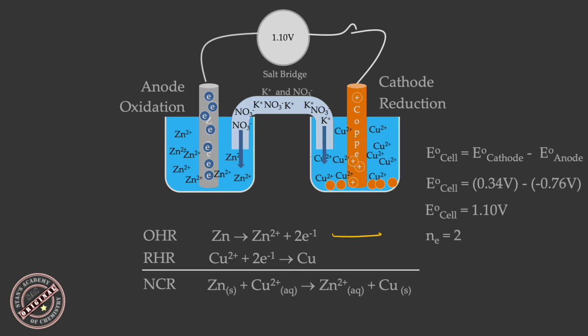So we have seen how we can calculate standard cell potential, E0 cathode minus E0 anode, and the value is 1.10 volt. The value is also positive, which means the cell potential or the voltage can be used for doing work. If on calculating the standard cell potential you get a negative value, the reactions that are taking place at the respective electrodes are incorrect.